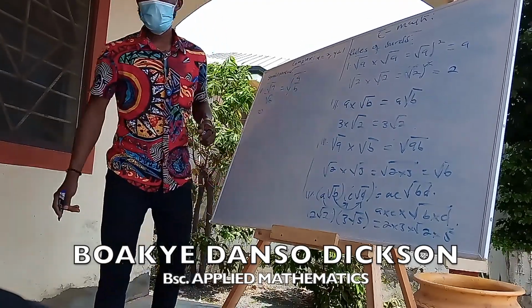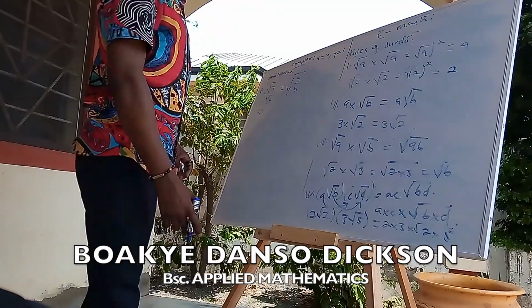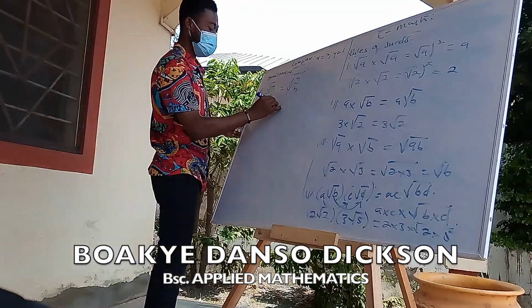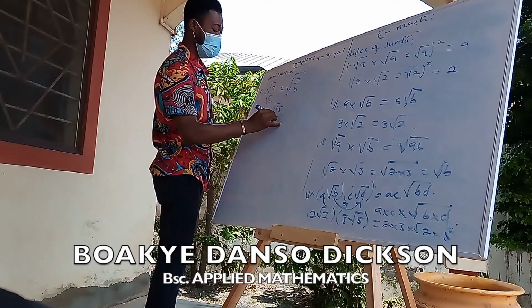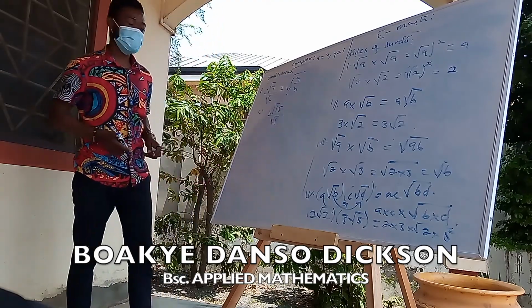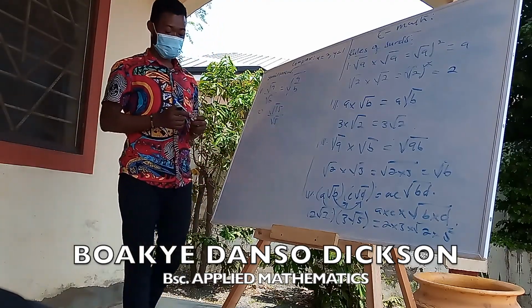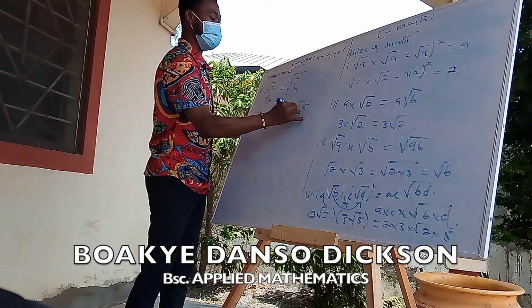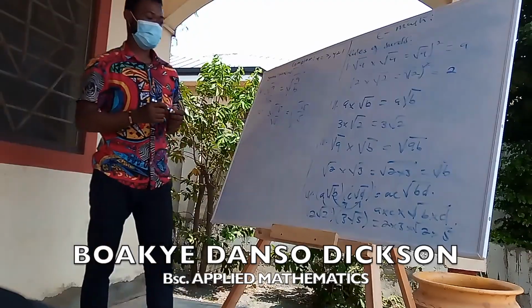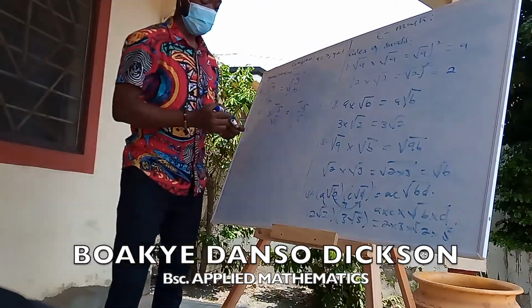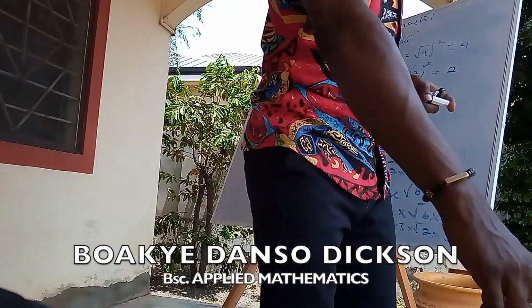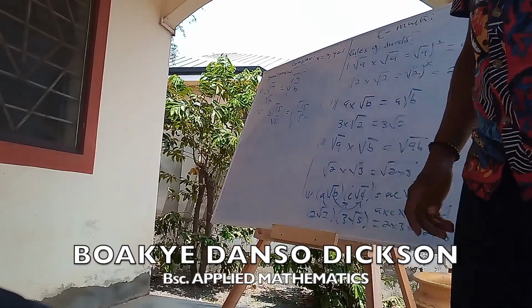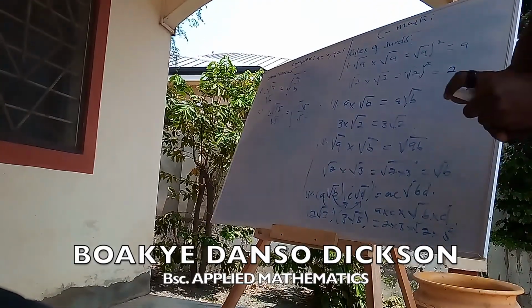For example, if you have root 15 divided by root 5, this can be equal to root of 15 divided by 5. Very, very simple rules. Good.